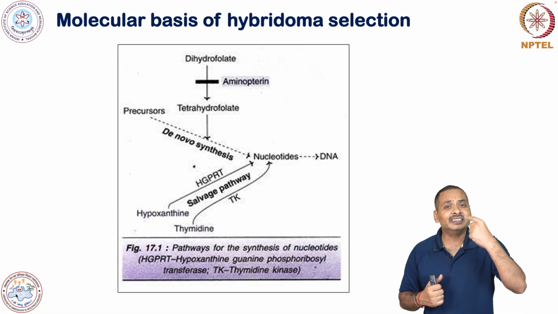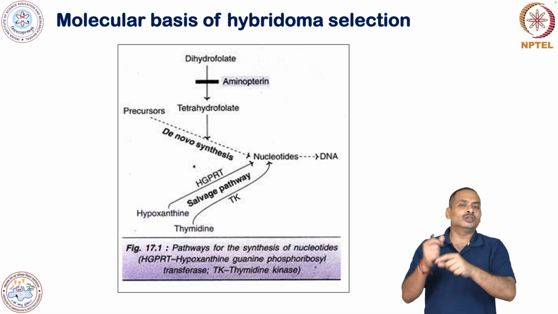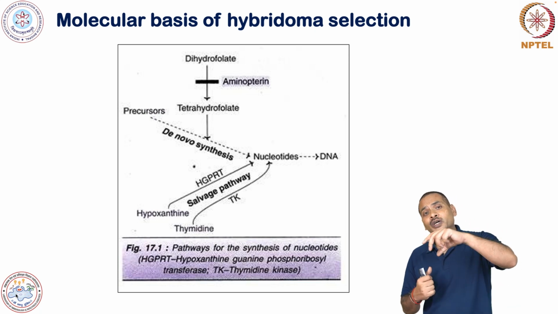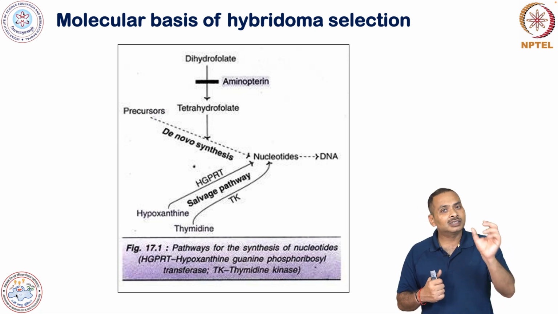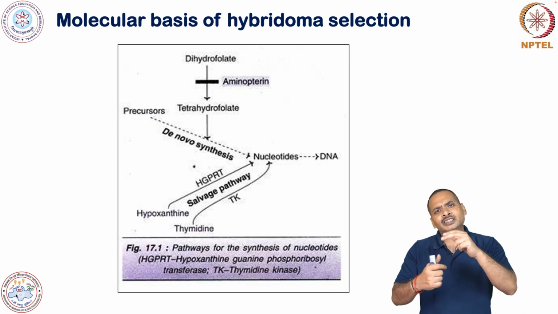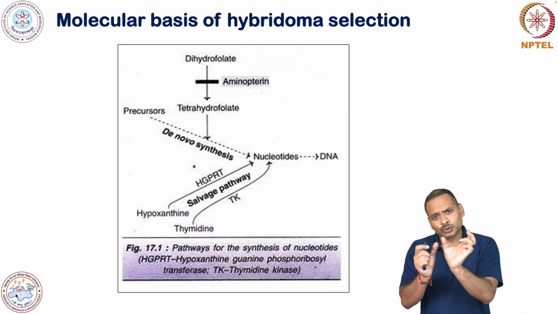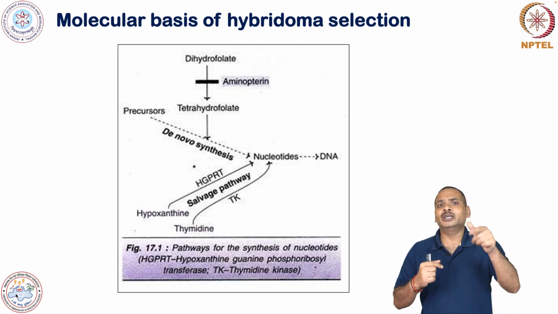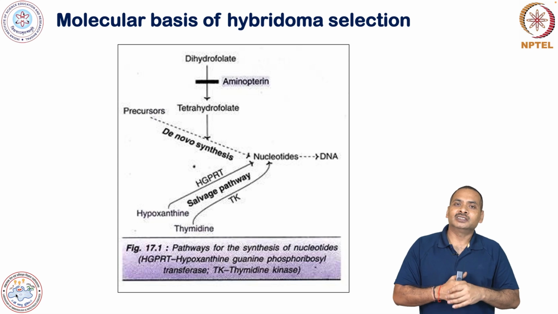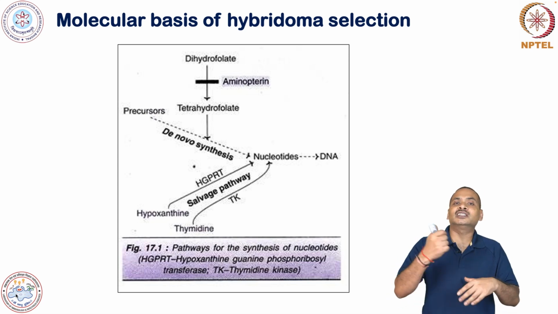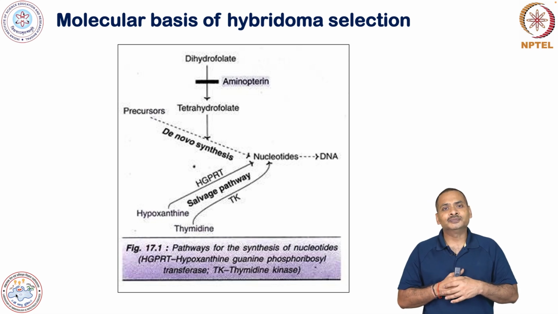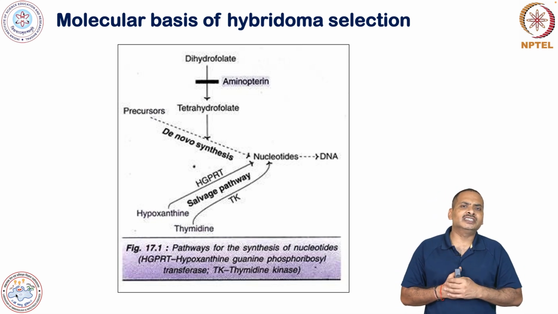Since the melanoma cell is lacking HGPRT enzyme, which is provided by the spleen cell, the fused cell will have HGPRT, and in media you have hypoxanthine and thymidine. So this will activate this salvage pathway, and then they can survive. Okay, so in that way we screen those cells.